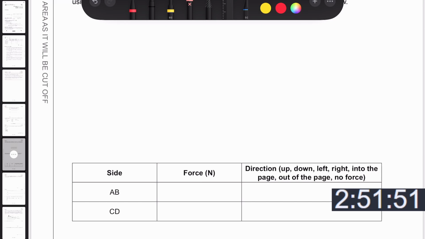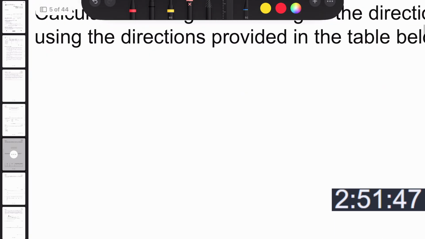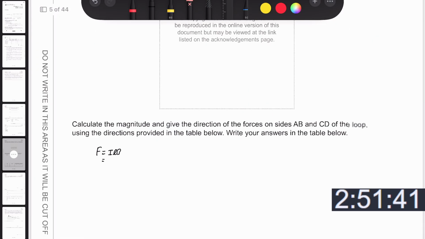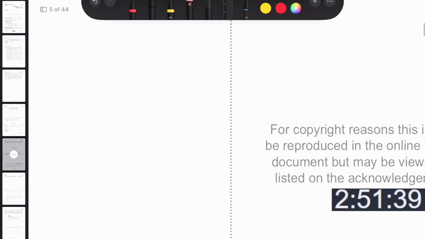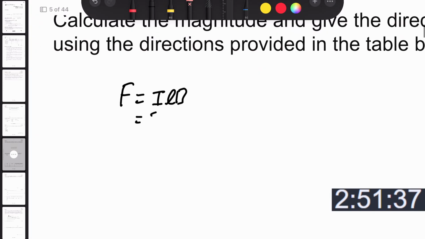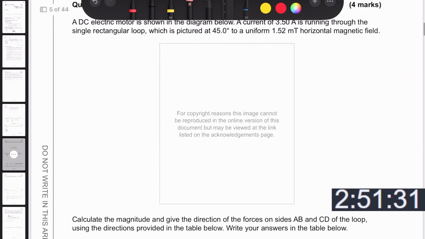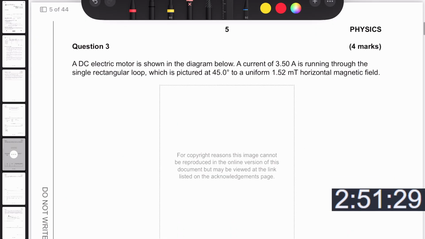I'm not sure which one they're looking at though. Okay, so let's see the force. So force is equal to, this one is ILB, and it's going to be the same on both sides. So 3.5 times I times L, 45 to a uniform.